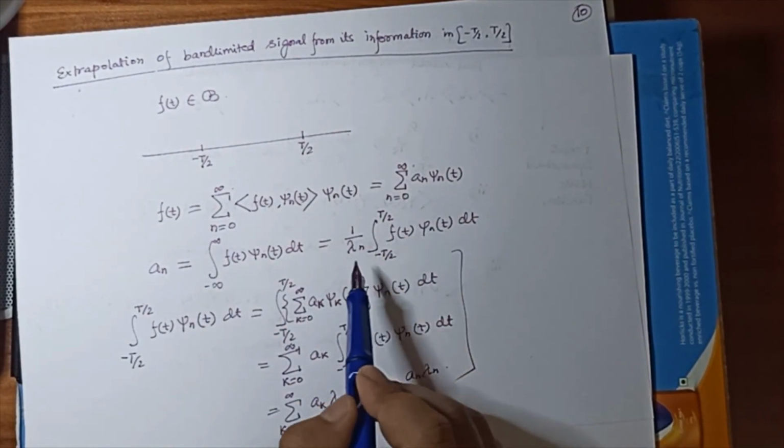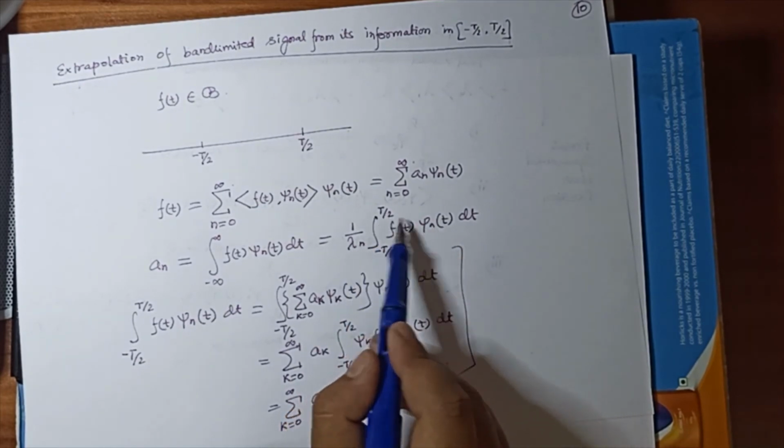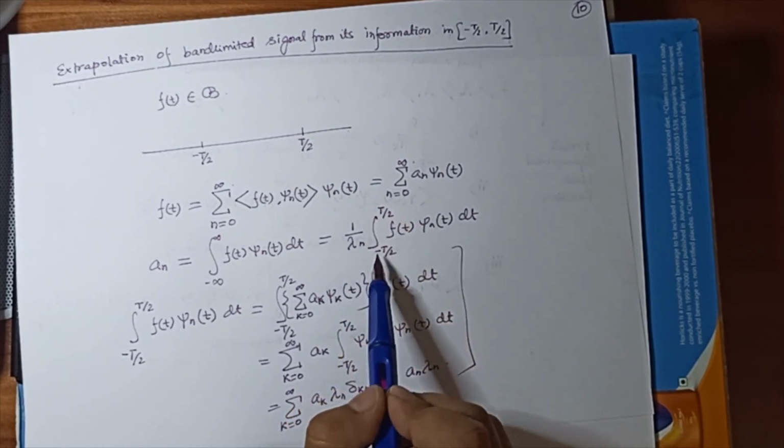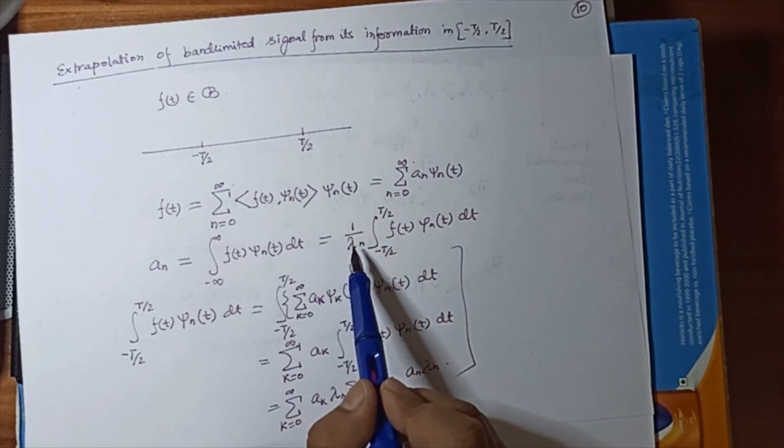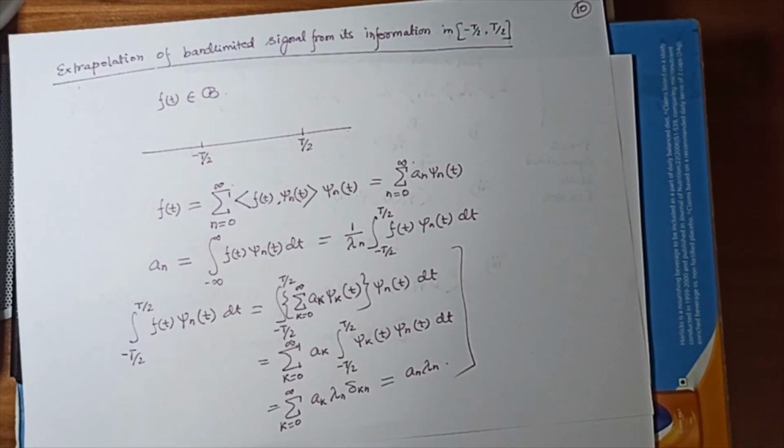But here no. If you know the eigenvalues, you can only correlate in this interval minus T/2 to T/2, and then you can put this factor 1 by lambda_n and you get the value. So that helps. So things are becoming finite from infinite time window, which is the norm in analog communication.